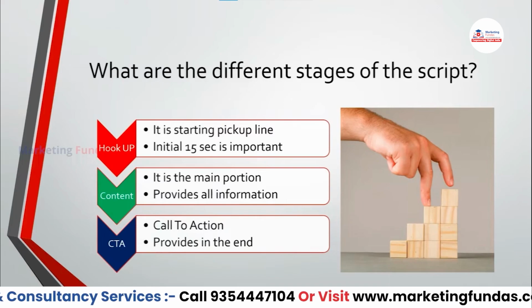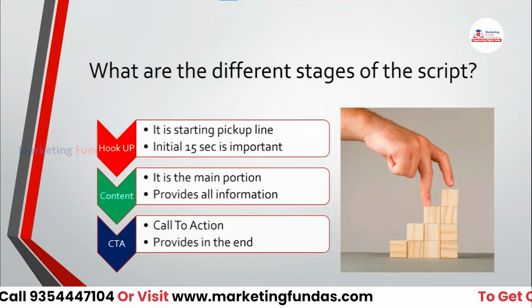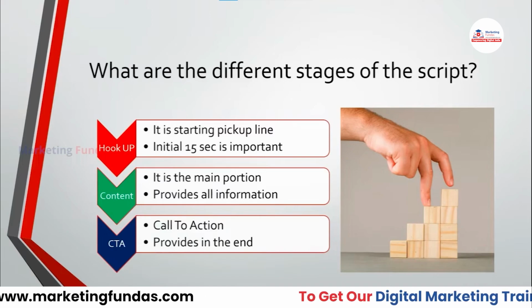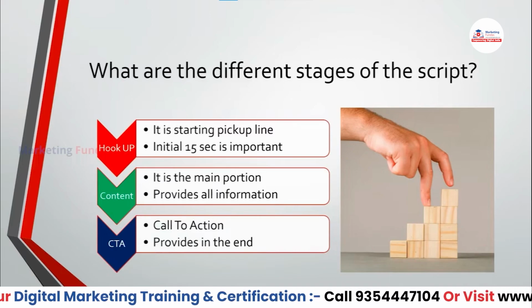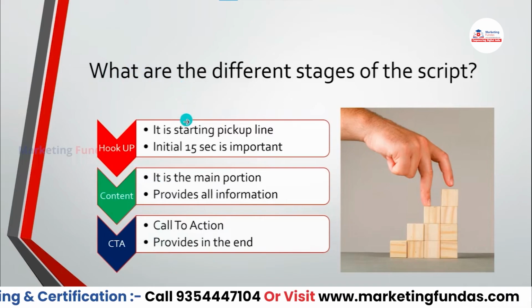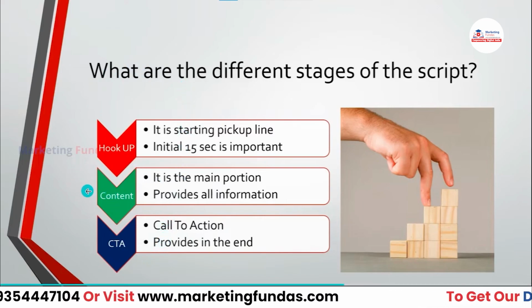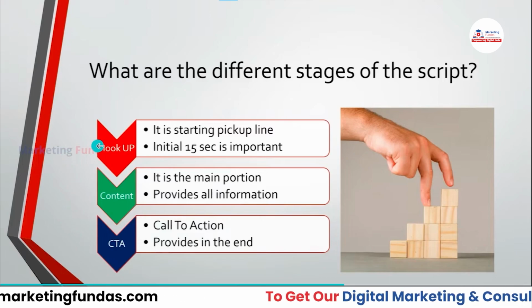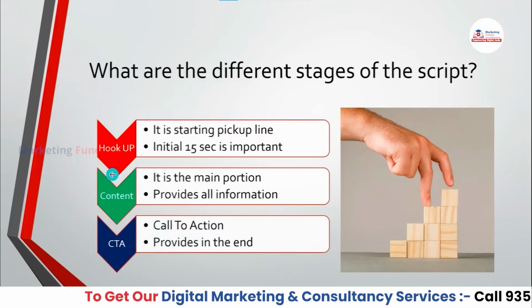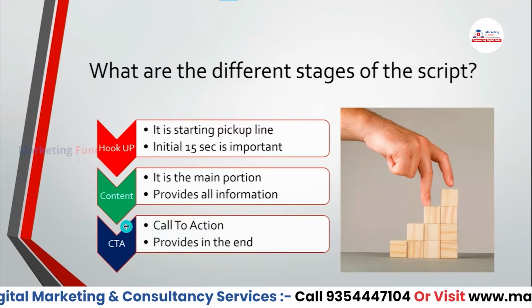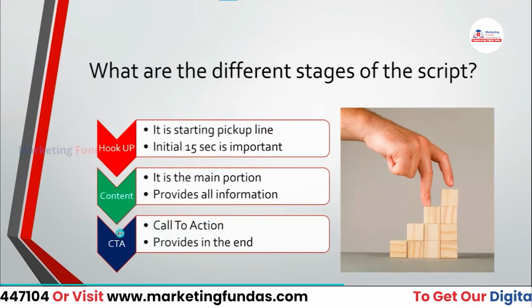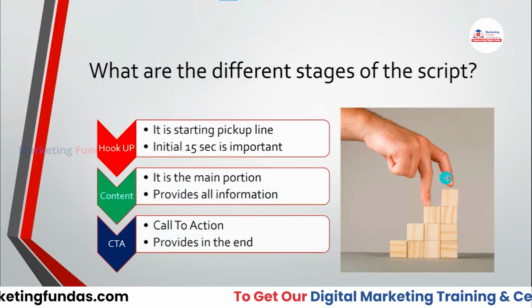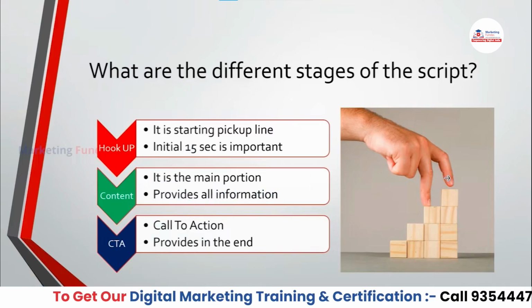So at the end we need to add the CTA as well. This will help you increase the overall stats of your channel, right? So keep this in mind whenever you are creating a video script. You need to add these 3 points in your video. The hook line should be there, the content, obviously we will be adding the content as well, and the CTA also should be there, right? So these are the 3 key points that make a good video script.